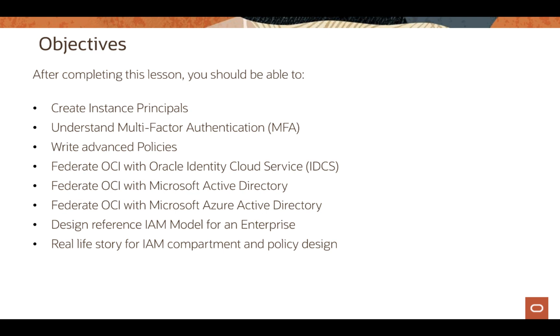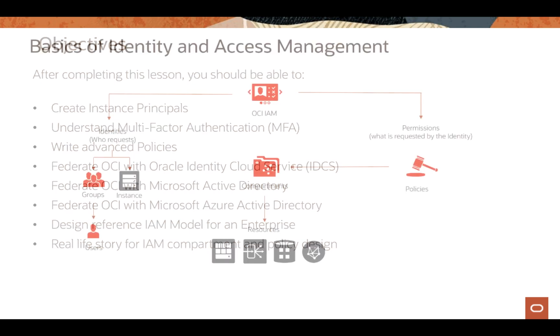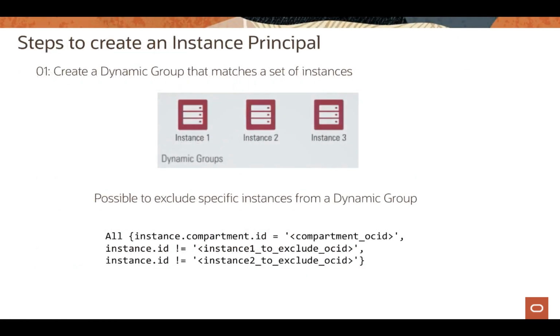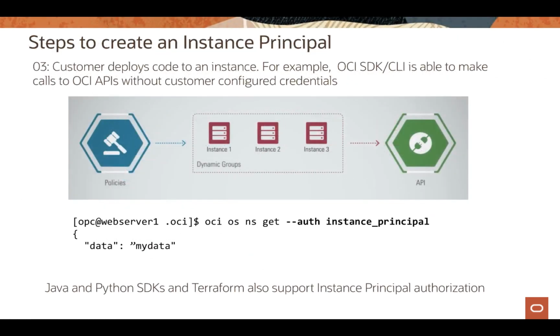We will start part 2 with multi-factor authentication and how you set it up in OCI, and then we will look at how you write IAM policies in a more advanced manner. I'm going to skip the first few slides since they were covered in part 1.